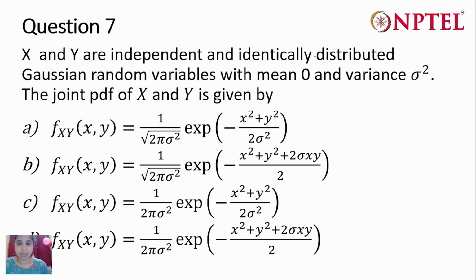X and Y are independent and identically distributed Gaussian random variables with mean 0 and variance sigma square. What is the joint PDF of X and Y? X and Y are independent and identically distributed, so what will be the joint PDF?